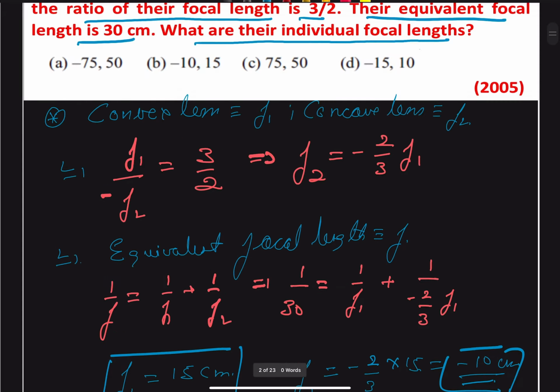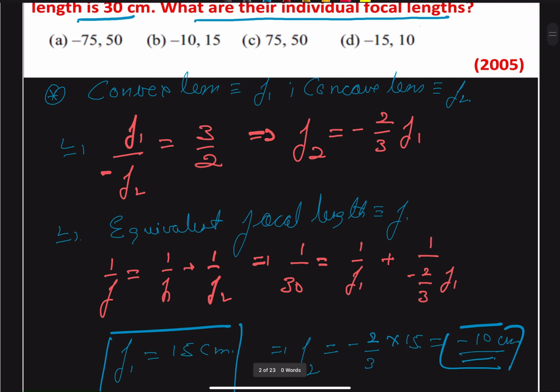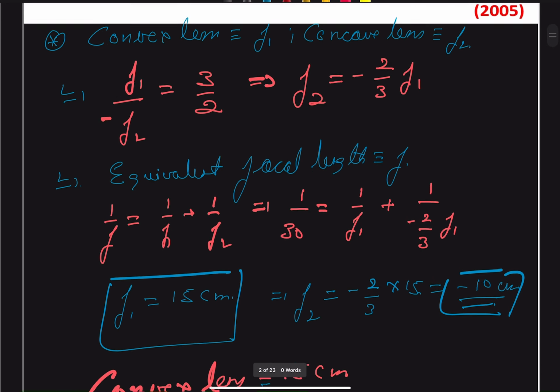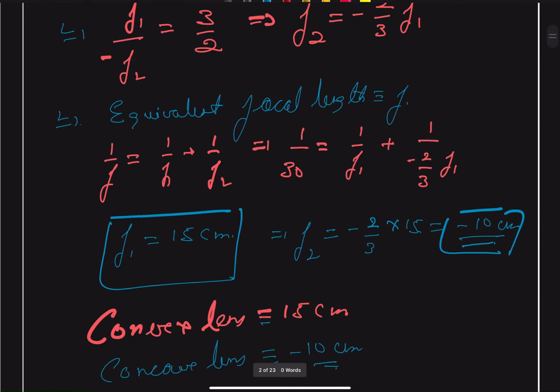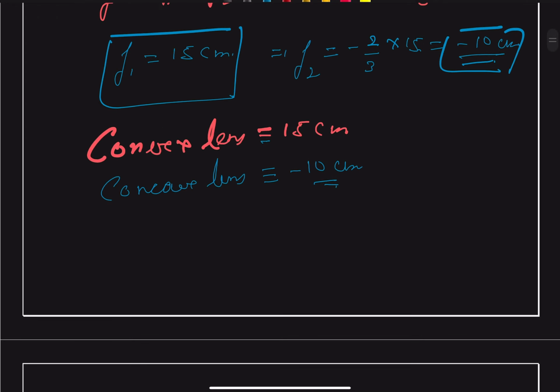So we have this as minus 10 and plus 15. So option number B is the correct option. Option B is correct.